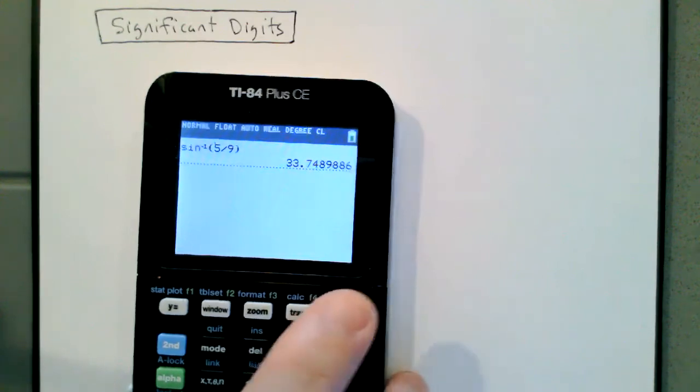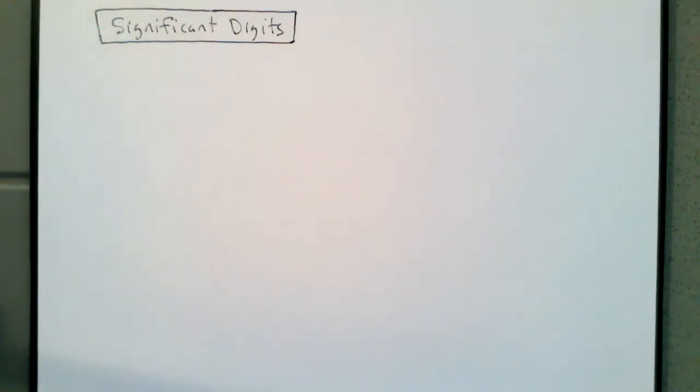So the other way we could ask for a place to round is using significant digits. We have to learn how to count significant digits. When we're counting significant digits, we count from left to right, beginning with the first non-zero digit.